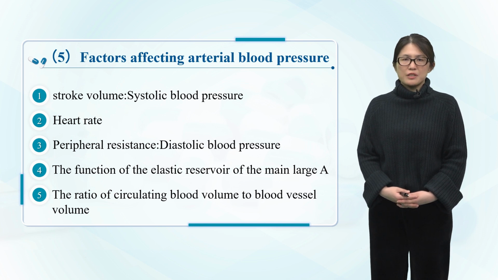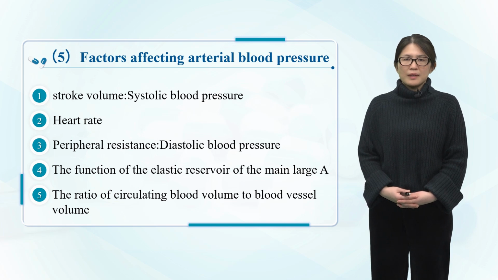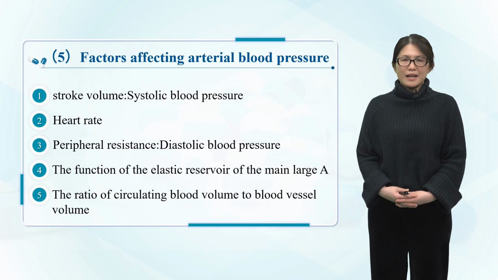Changes in heart rate mainly affect diastolic blood pressure. When the heart rate increases, the ventricular diastolic period is significantly shortened, and the amount of blood remaining in the aorta increases, resulting in a significant increase in diastolic blood pressure.